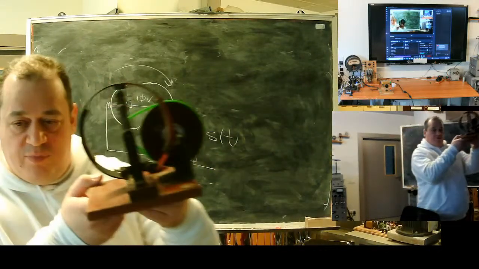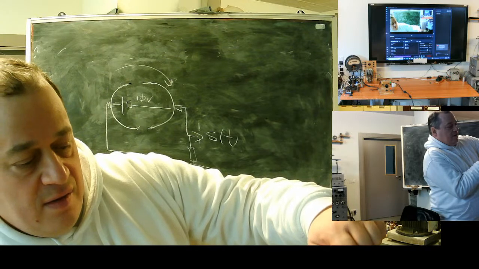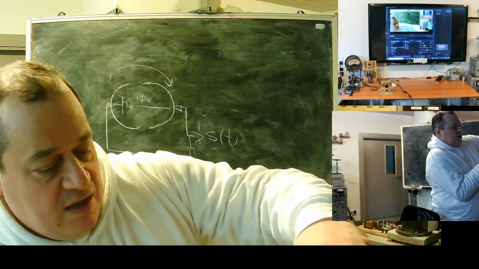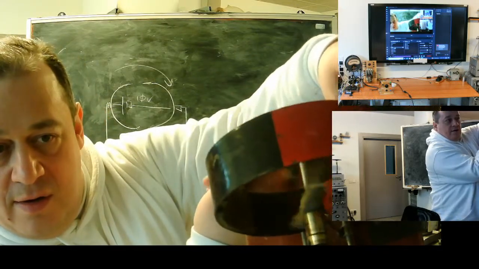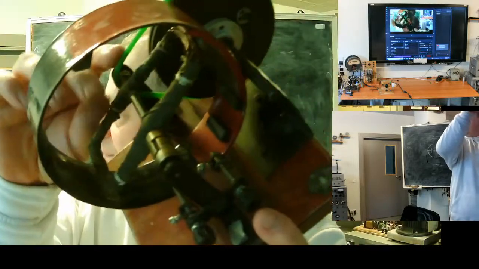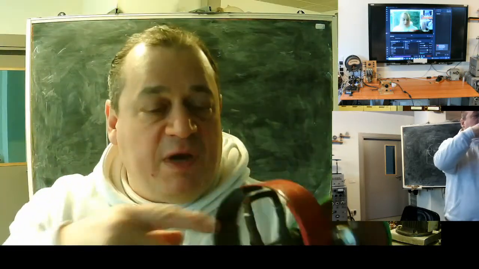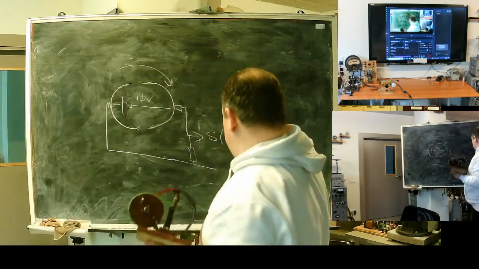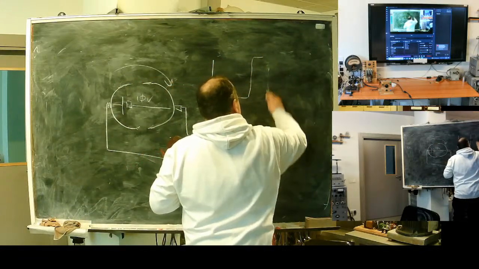This generator, for example. Here, you see? It's a way to get direct current from alternating. See these commutation rings? It's fun. Put a battery here, and you will have plus 10, minus 10, plus 10, minus 10. They should be equal.